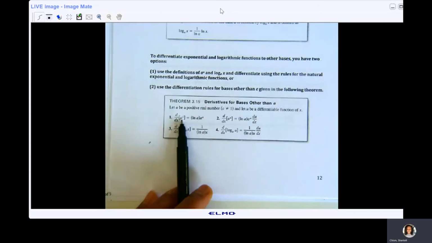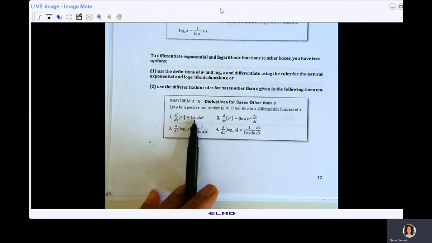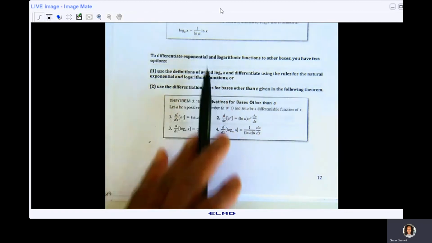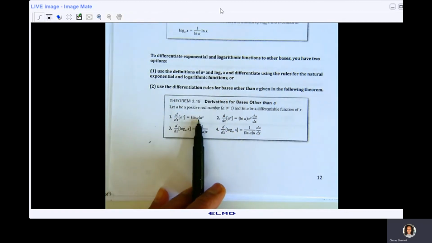So if you've got a function with a base a being anything, you would take the derivative of a to the x. It would be ln of a, thinking about actually just kind of the definition there. It would be ln of a times a to the x.